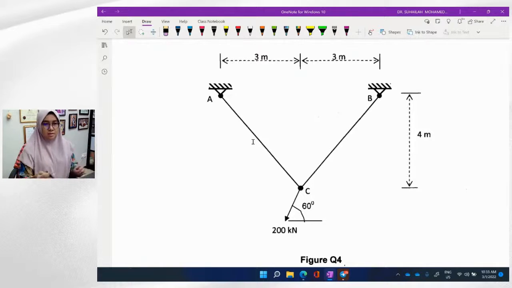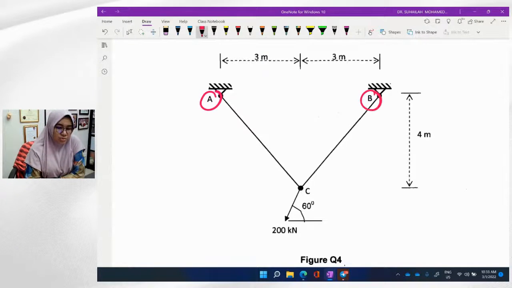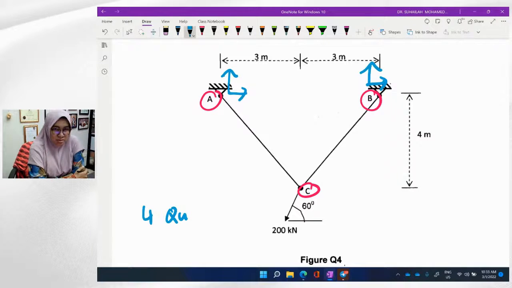From this, we have node one, node two, node three. How many unknown reactions, or degrees of freedom in the constraint system? There are four unknown reactions.